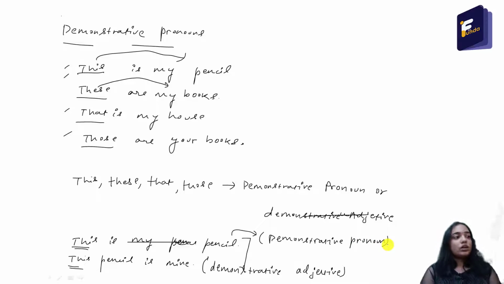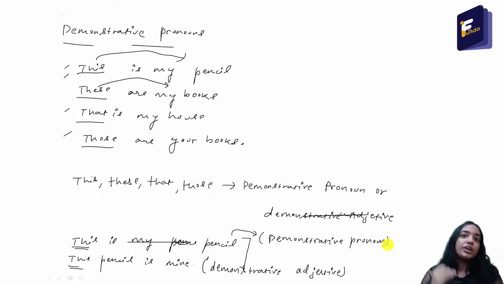Generally, if the word this, that, these, those comes just before a noun, then it is a demonstrative adjective. And if the word this, that, these, those doesn't come just before a noun, then it is a demonstrative pronoun.